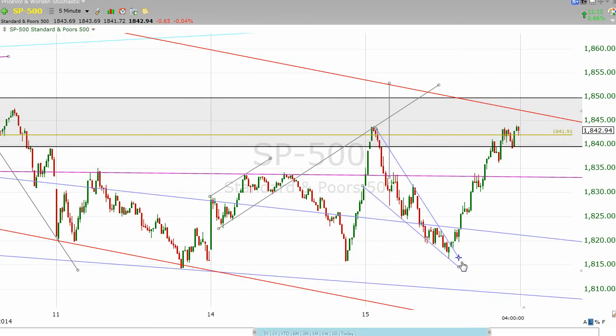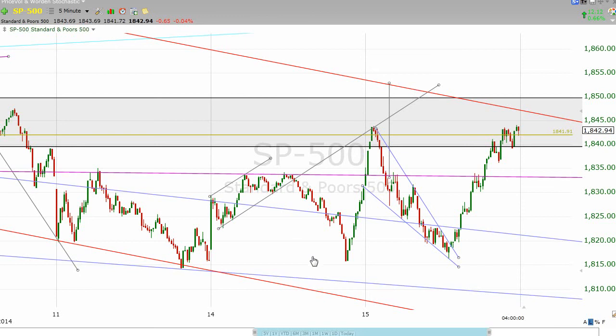There's the wedge. Once we got out of the wedge, we did what wedges tend to do, and that is come back to retest the high or the low, depending upon which way the wedge goes, but retesting the extent of the move that was put in before the wedge formed.